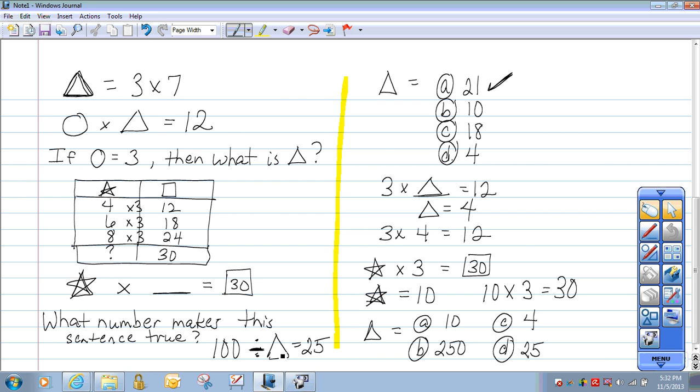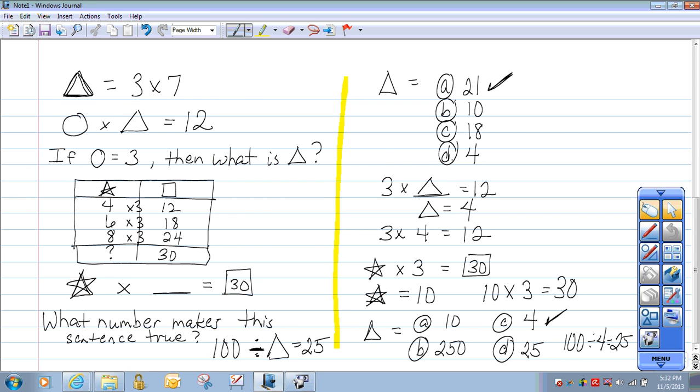We need long division at this point, but we know in our heads that 4 quarters is equal to $1. 25 pennies 4 times is equal to 100 pennies. So the triangle is equal to 4 because 100 divided by 4 equals 25.